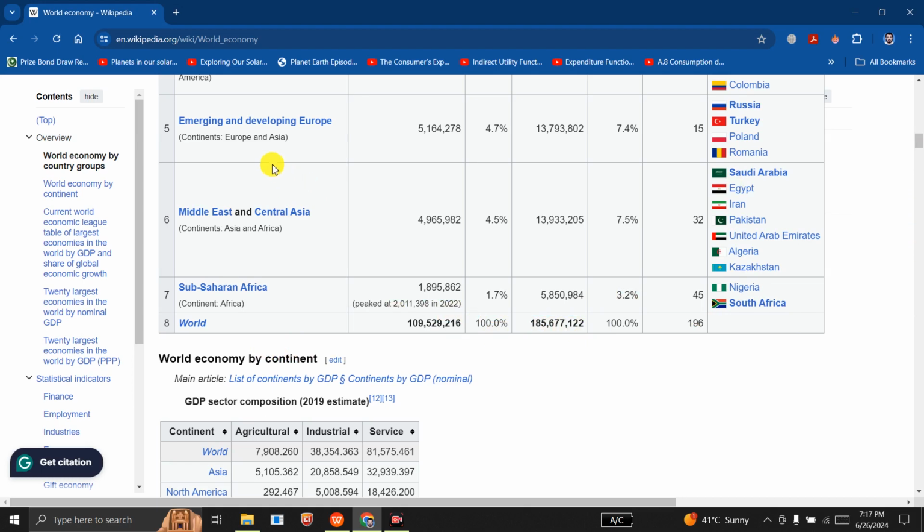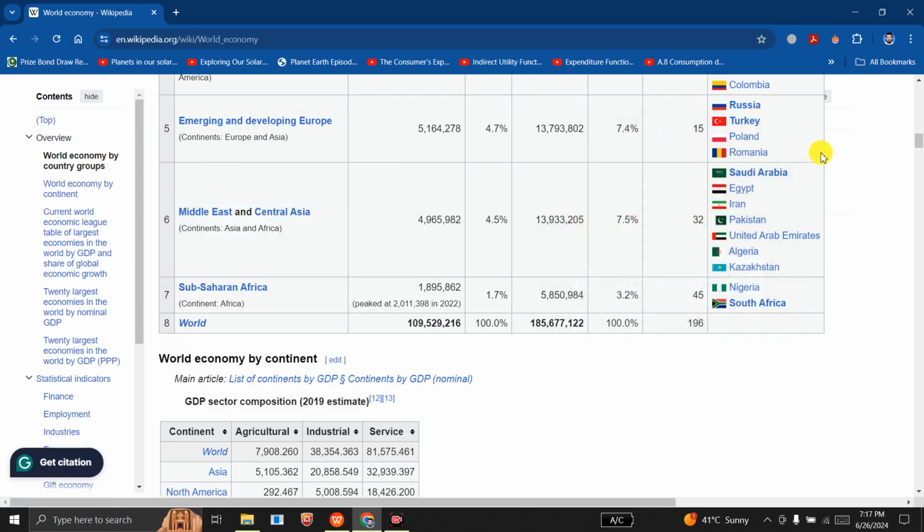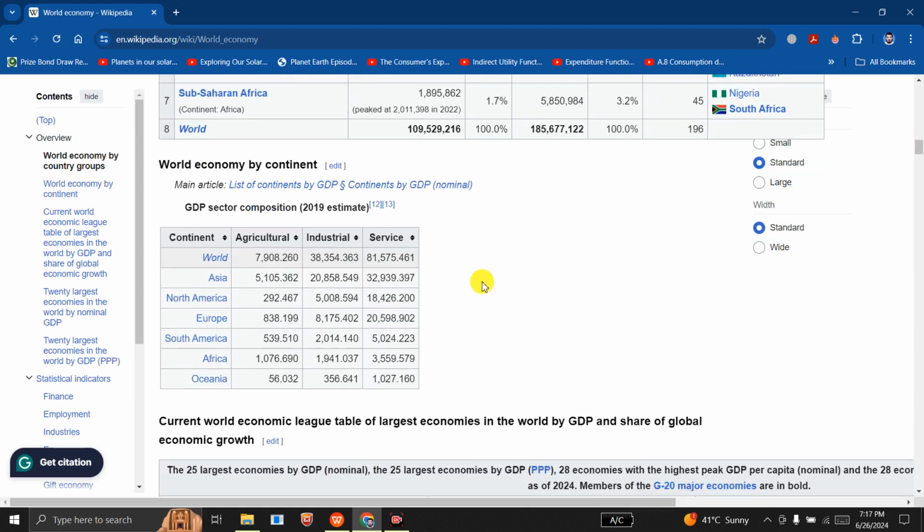And I think I forgot this one, emerging and developing Europe. These include Russia, Turkey, Poland, Romania, etc. Then we may also look at this. This is the world, and this is agricultural GDP, this is industrial, and this is the contribution of services toward GDP.